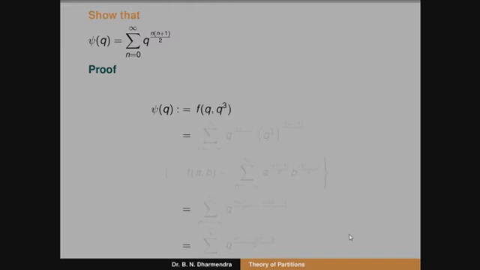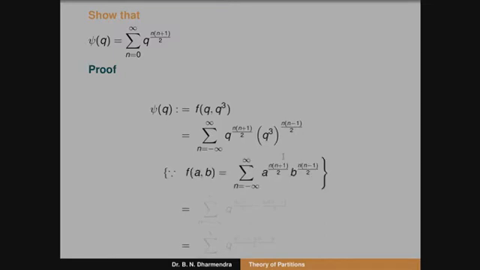Here also, when I replace Ramanujan's theta function a by q and b by q cube, it can be written in terms of an infinite series, summation n running from minus infinity to plus infinity q to the power of n into n plus 1 by 2 into q cube whole to the power of n into n minus 1 by 2, based on the theta function definition.